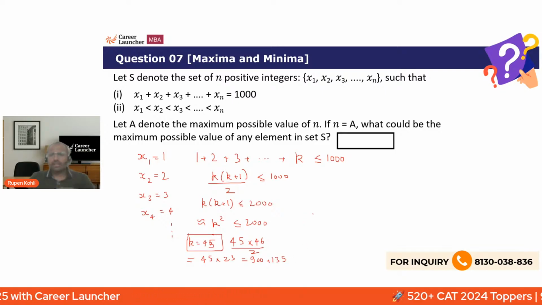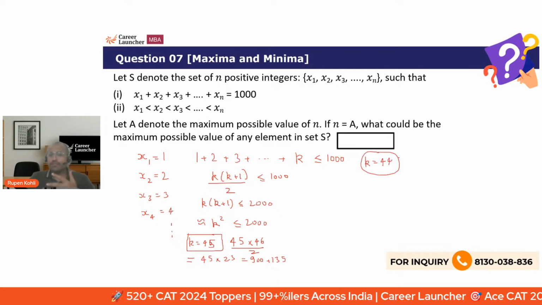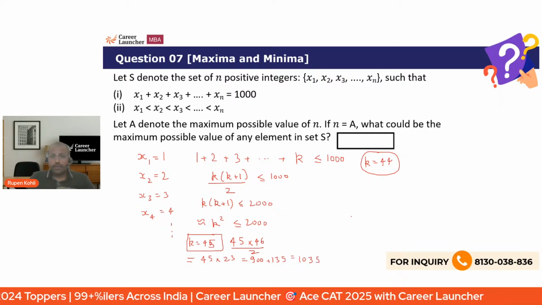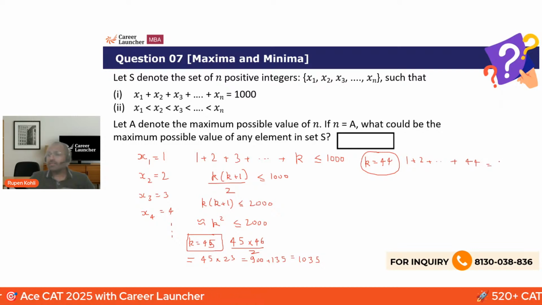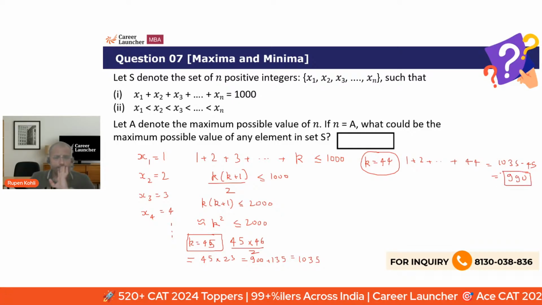Okay, so if 1,035 has been reached at 45, then what is the sum of 1 till 44? I need to subtract 45 from 1,035. So can I say 1 plus 2 plus 3 plus 4 up to 44 is basically 1,035 minus 45, which is 990, which is within the range, which is what I want. So 44 is the maximum that we can take.